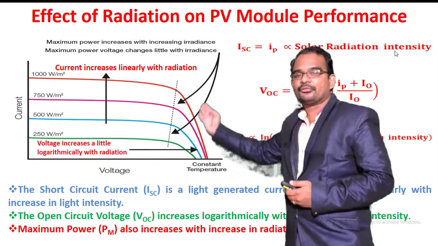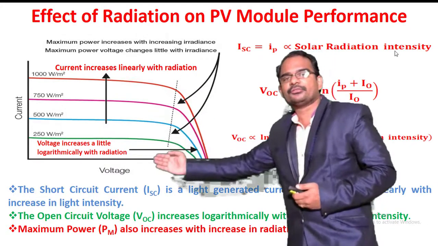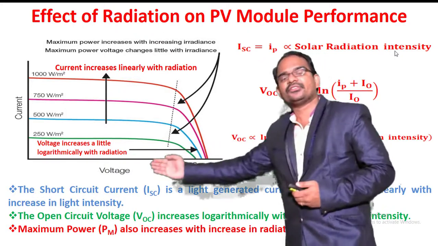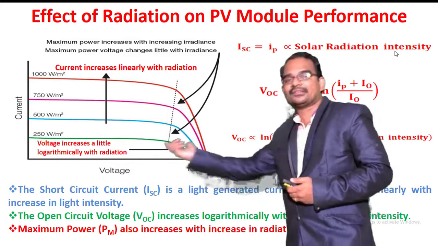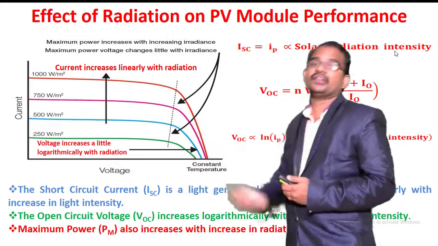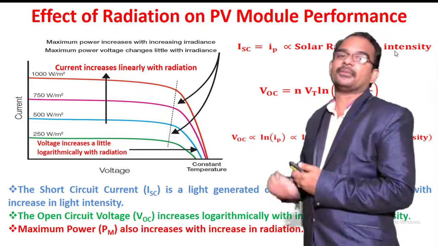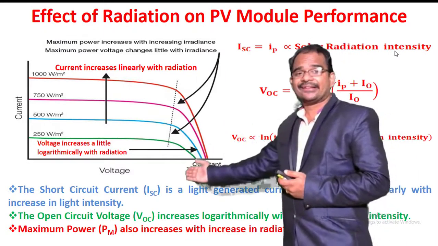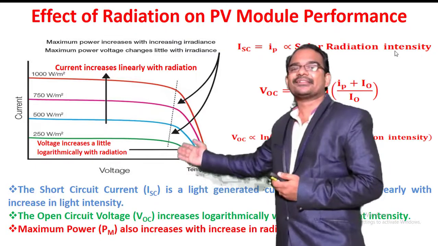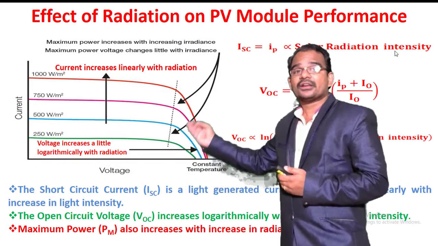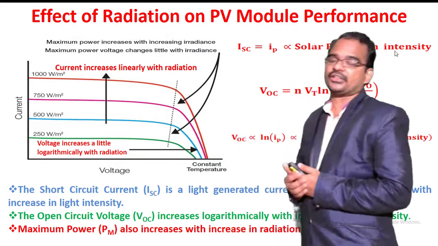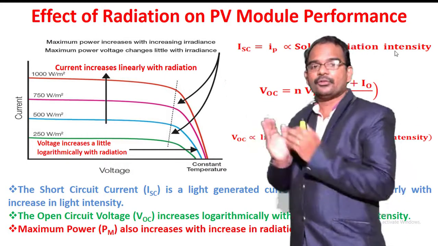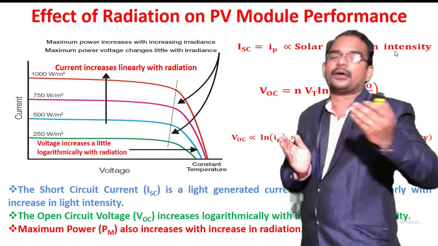And from 750 to 500 watt per meter square, the voltage is further reduced. And now when the radiation is 250 watt per meter square, the voltage is still further reduced. But this decrease in VOC is very minimal. Now you can see that VOC, which is the x-axis point, is directly proportional to the logarithm of solar radiation intensity. That is, ISC will increase linearly, but VOC will increase in a step-by-step manner.